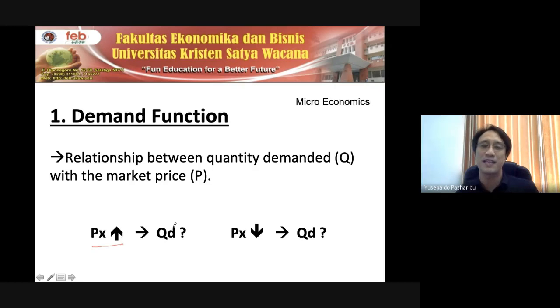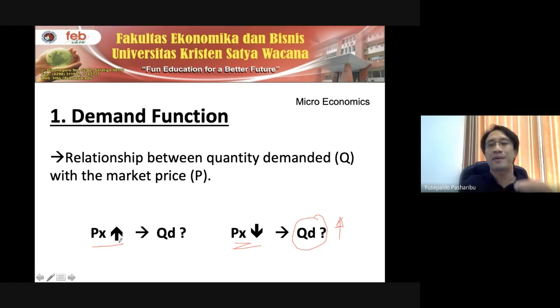That means if the price decreases, if there is a discount, then the quantity demanded will increase a lot.